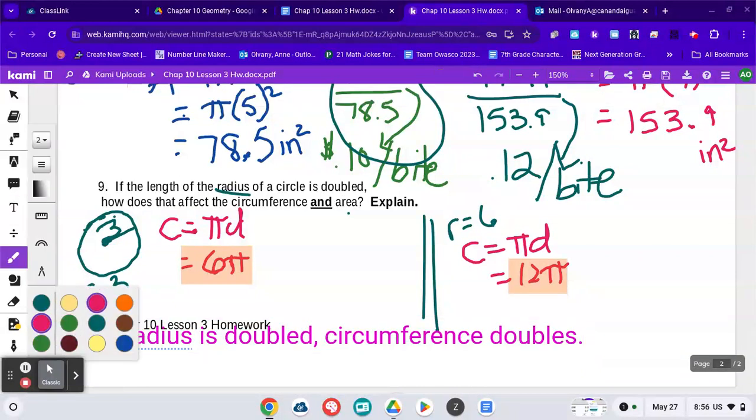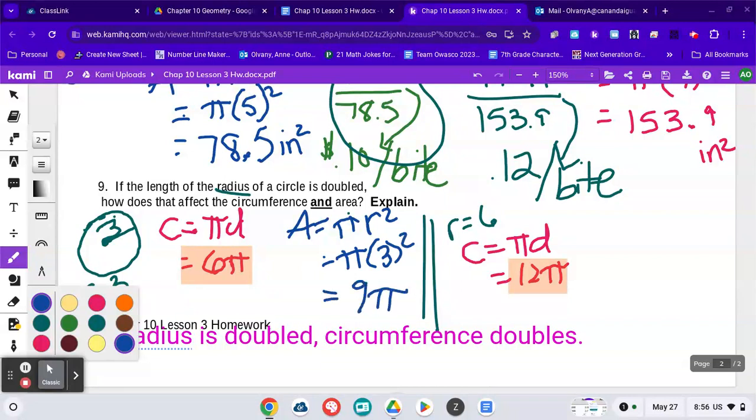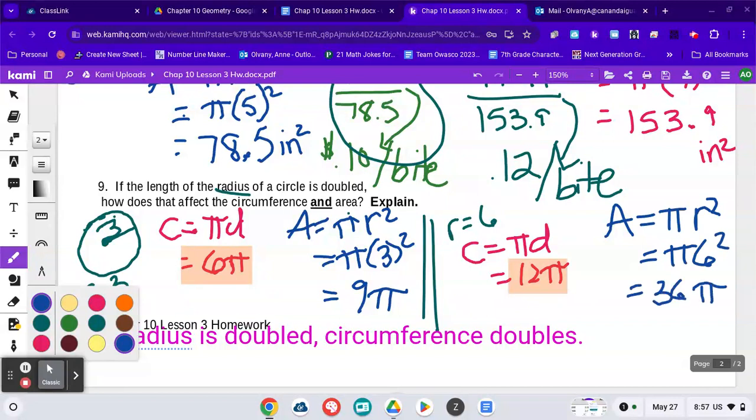All right, so let's go blue here. We're going to do area. Area equals pi r squared. The radius is 3, so this is pi times 3 squared. So this is 9 pi. And again, I'm going to leave it in terms of pi so it's super easy to see. This radius is 6. 6 squared is 36. This is 36 pi.